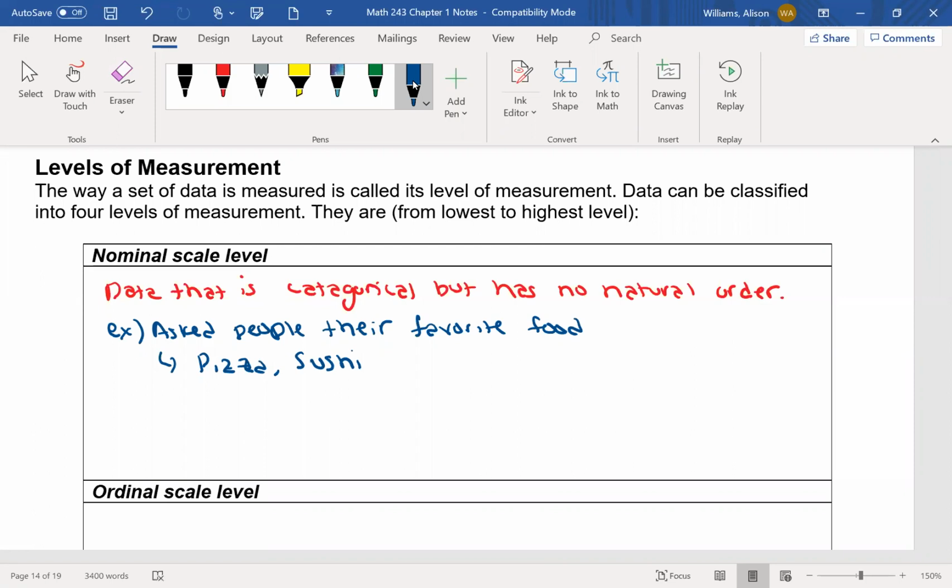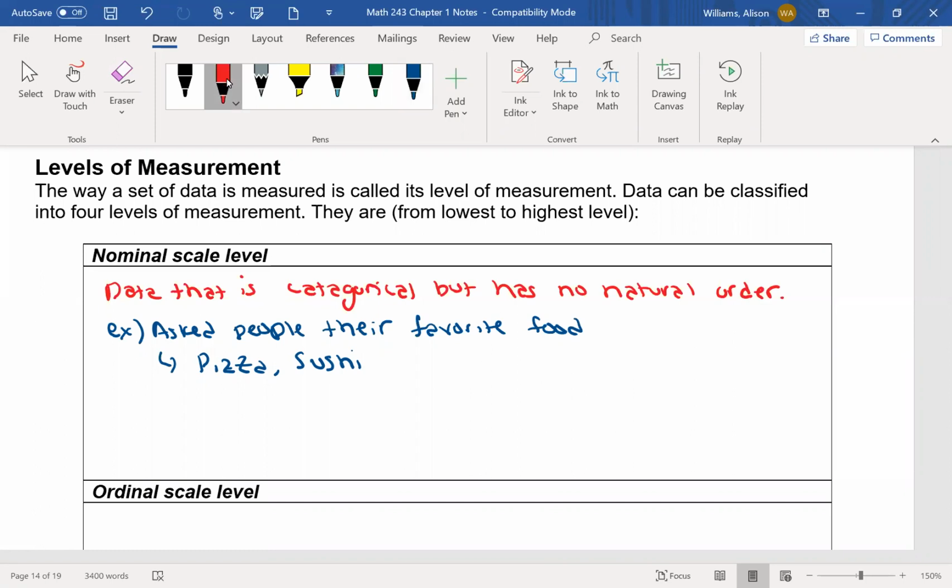I mean, I could do it alphabetically, but that order is being imposed. I'm imposing that order. The food itself doesn't have a natural order that makes sense. So I can impose an order, but it doesn't really make sense for the data by itself.